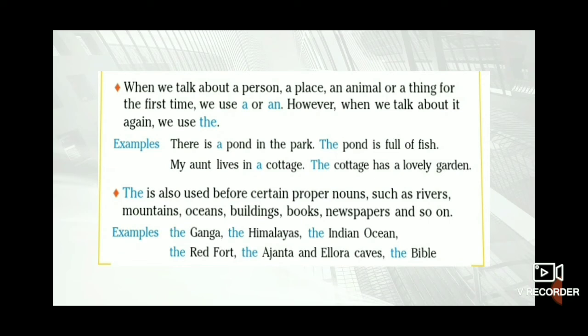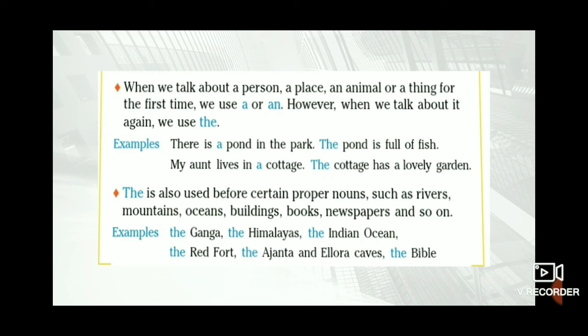When we talk about a person, a place, an animal or a thing for the first time, we use a or an. However, when we talk about it again, we use the. Example, there is a pond in the park. The pond is full of fish. So the first time, I am saying here a pond, because the first time it is unknown to you or the listener.